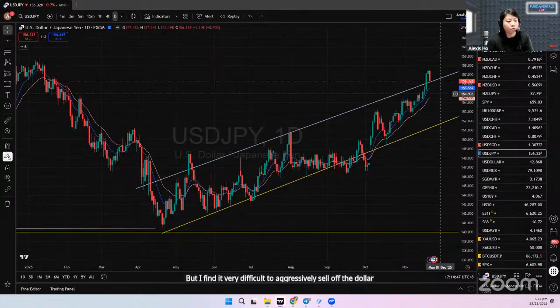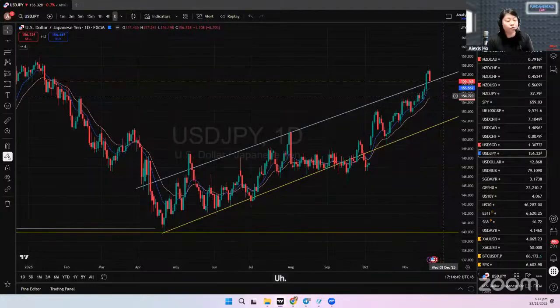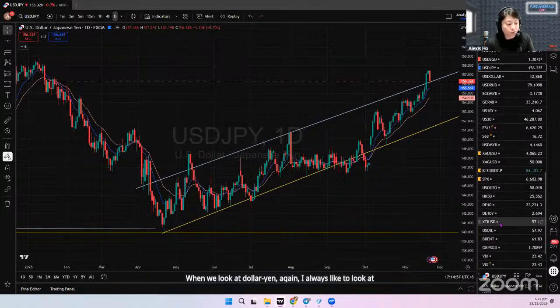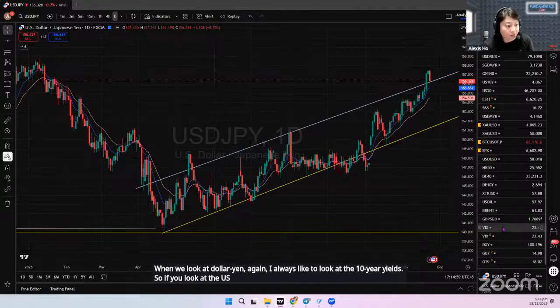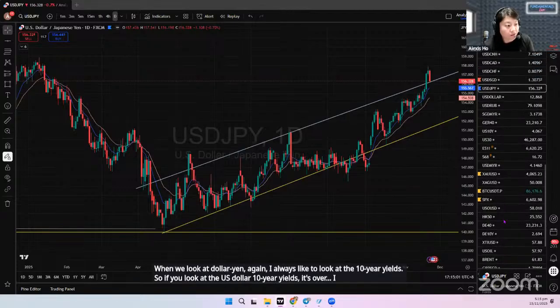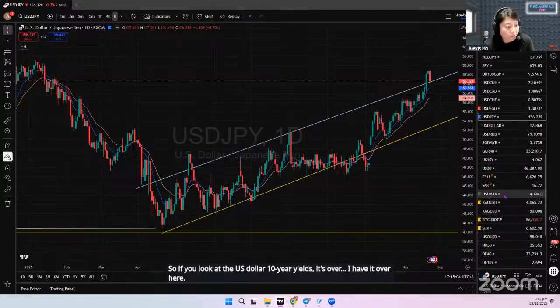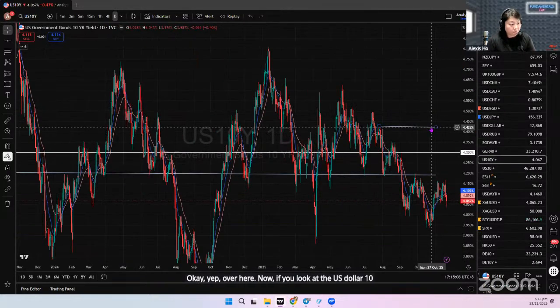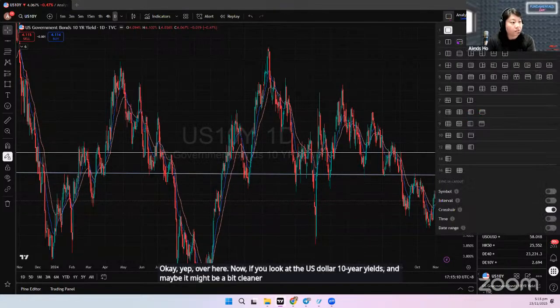Short term, if you look at temporary moves of the dollar yen in terms of interest rate carry, when we look at dollar yen, I always like to look at the 10-year yields. So if you look at the US dollar 10-year yields, I have it over here. Maybe it might be a bit cleaner if I give you guys a dual chart.